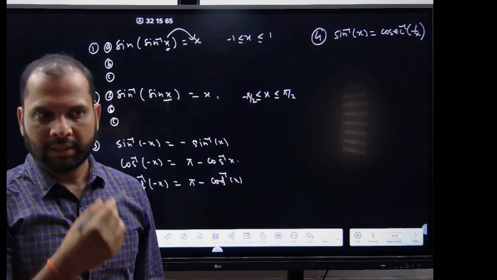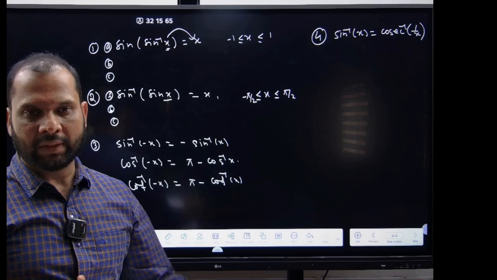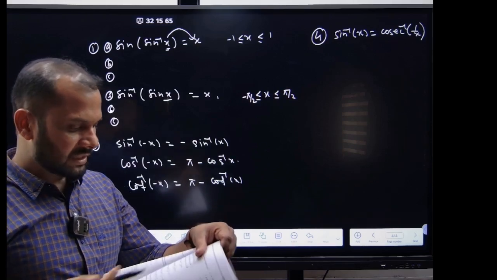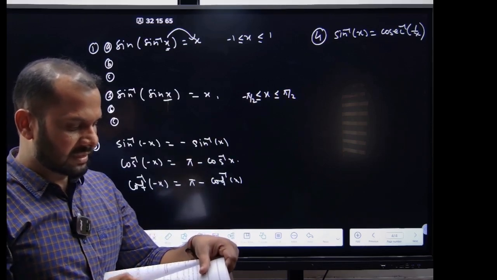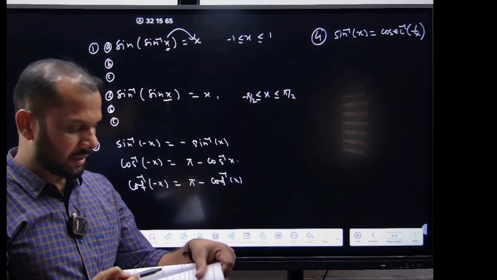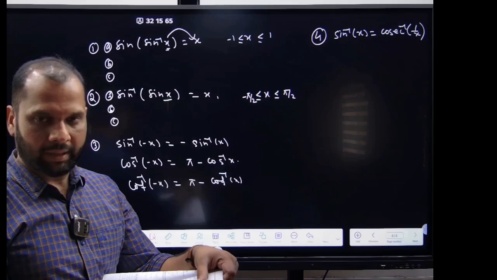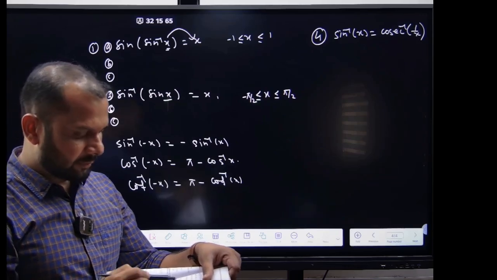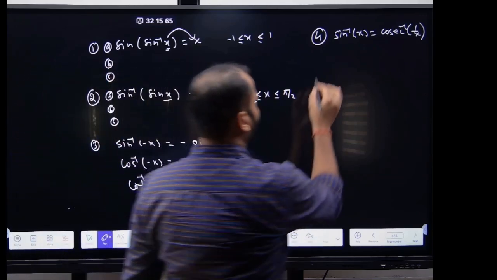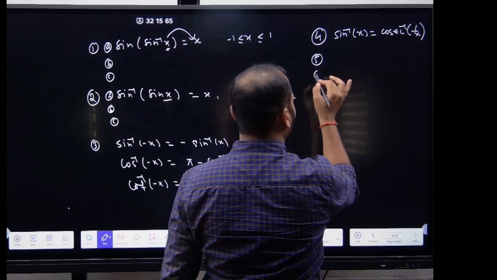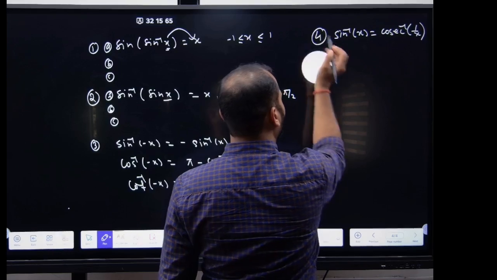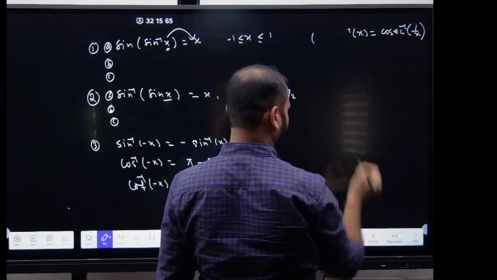Just now I wrote one of the trigonometric ratios, two other trigonometric ratios are the next one. Cosecant inverse is sine inverse 1 by x, secant inverse is cos inverse 1 by x, cot inverse is tan inverse 1 by x, correct. But one piece of information if you see here, so same way 5, 6, 7 all you can write, or here I will be writing like this.